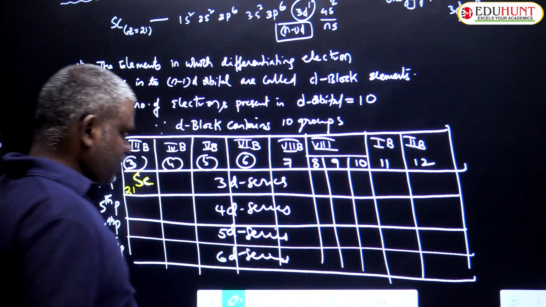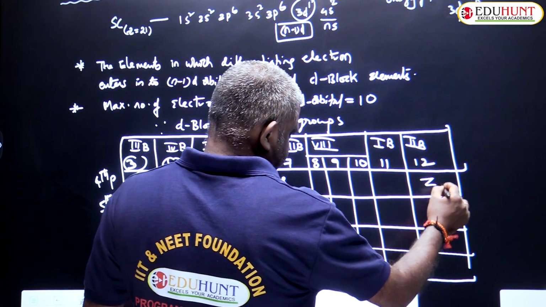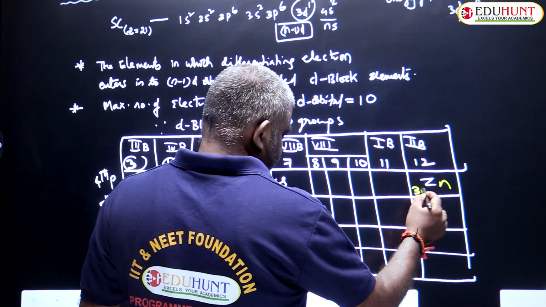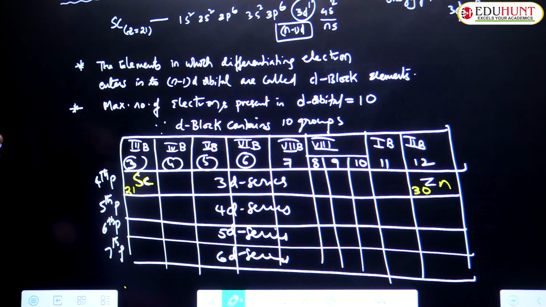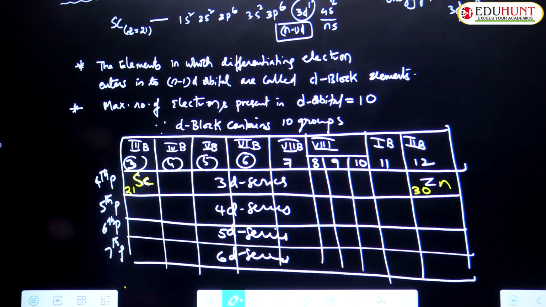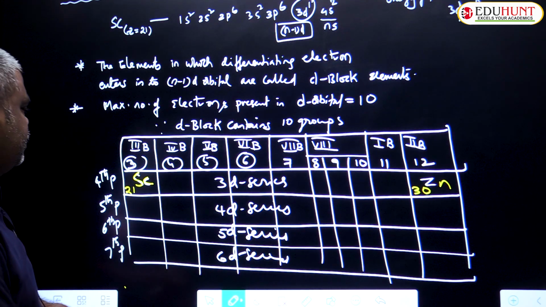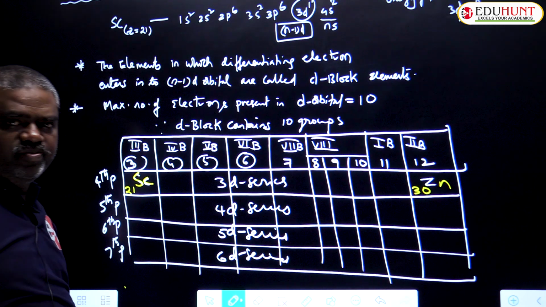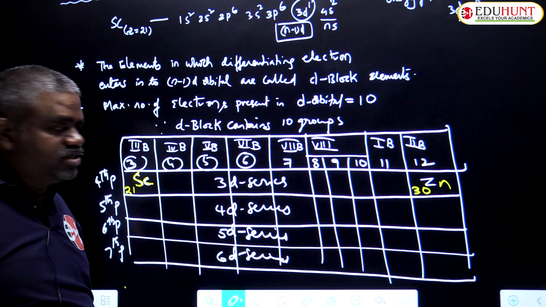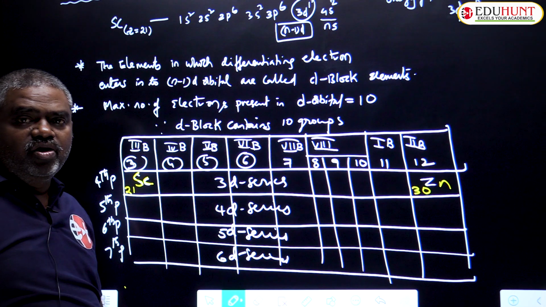So scandium to zinc, which is 30, is a total of 10 elements in the 3d series: scandium, titanium, vanadium, chromium, manganese, iron, cobalt, nickel, copper, zinc.